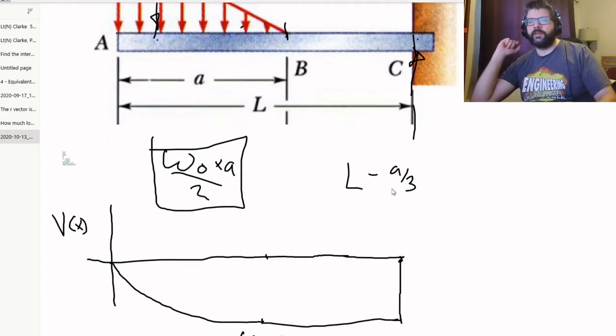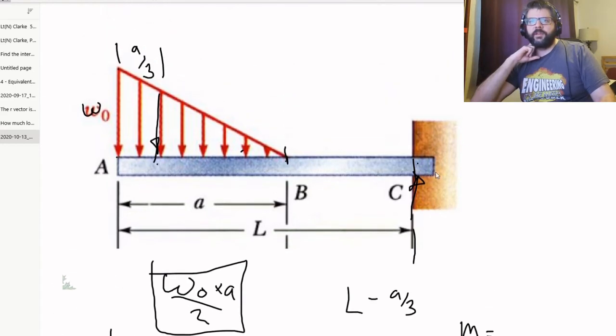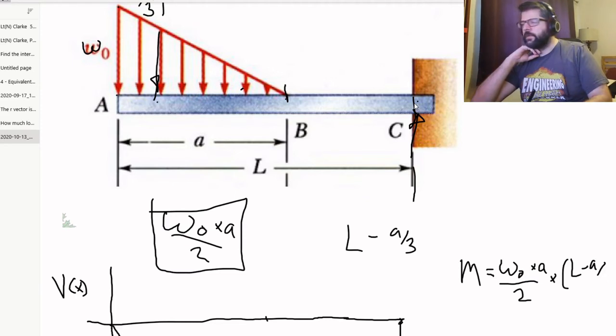So based upon that, the moment that this force causes when taken about point C is going to be equal to W naught times A over 2 times L minus A over 3.